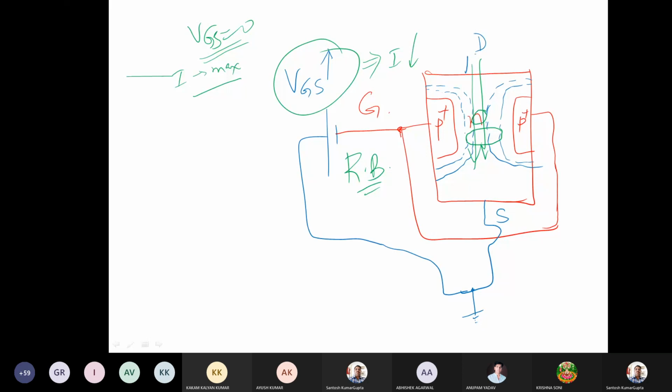If we increase VGS more and more, the current is going to decrease more and more.